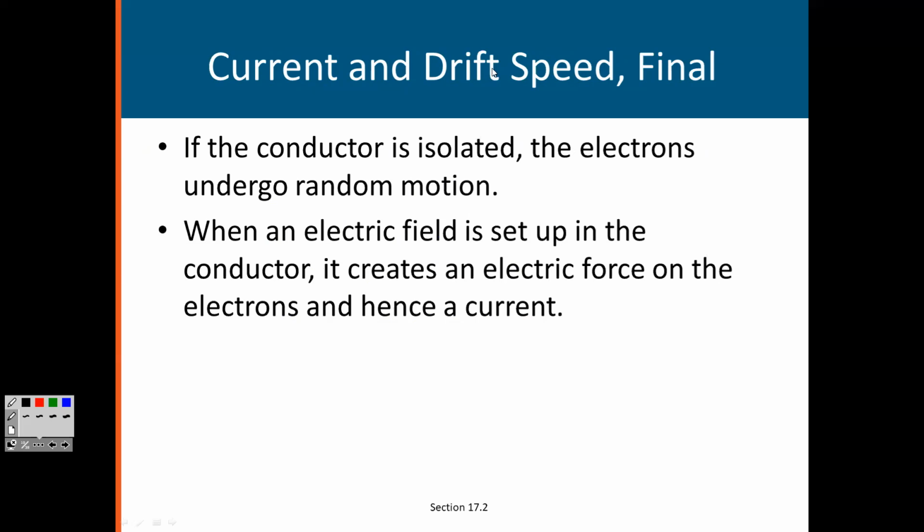Because, you know, the force on a charge in an electric field is given by this equation. That's the definition of the electric field. So if Q is positive, the force on the charge will be in the same direction as the electric field. If Q is negative, the force on the charge will be in the opposite direction to the electric field.